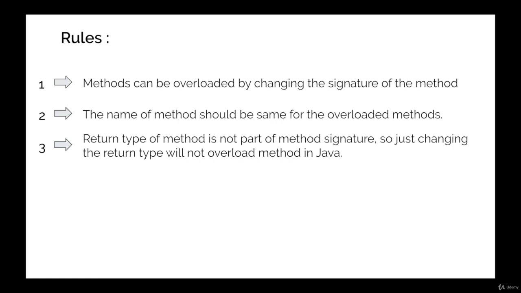So just changing the return type will not overload the method in Java. Two methods can only be overloaded when they have the same name but different parameters. Return type doesn't come into consideration here because return type is not part of the method signature. So these are the three rules.